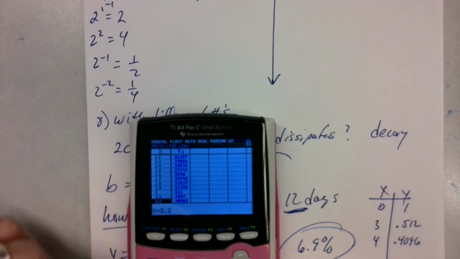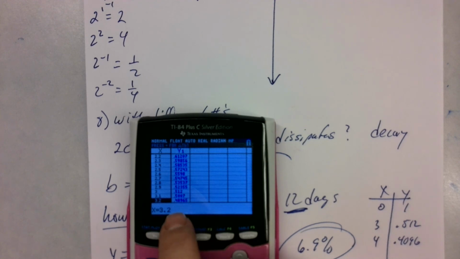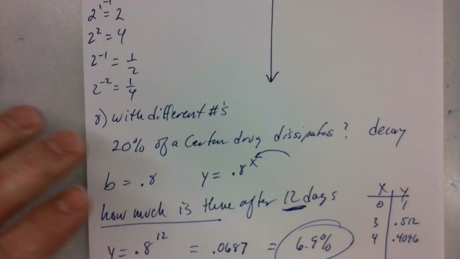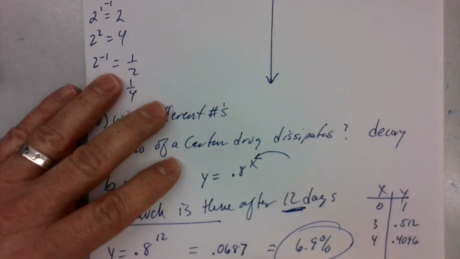Yeah, 3.2 days, if you want to be exact. Because that's the first time it's below. Because 3.1 days is 0.5007. 3.2 days is 0.4896. So if you were going to be exact, you would say 3.2 days.